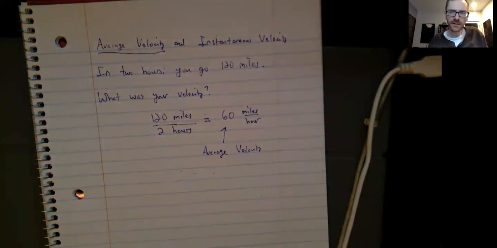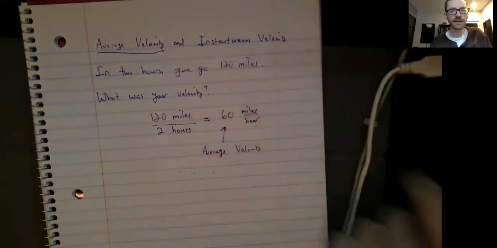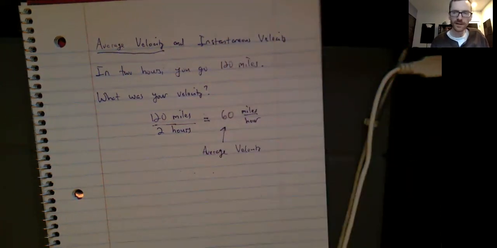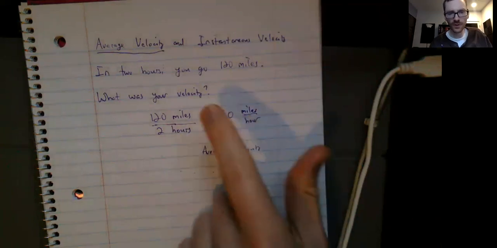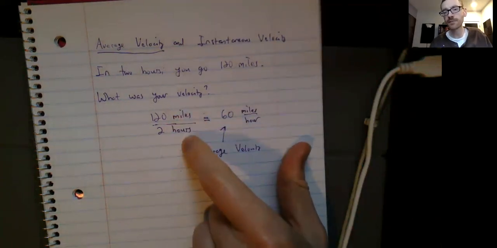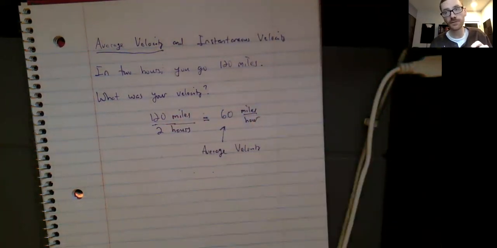So if that's average velocity, then what's instantaneous velocity? Instantaneous velocity is what your speedometer says, okay? Instantaneous velocity is how fast you're going at a particular instant, at a particular single moment in time. Okay, do you see the difference between these two things? This 60 miles per hour is just your total distance divided by your total time, how fast you're going on average.